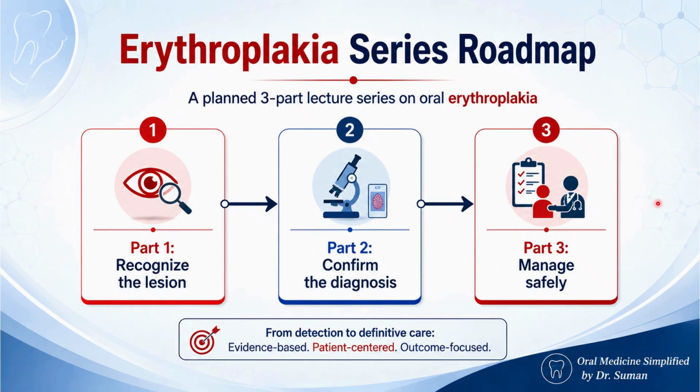In part 3, we manage safely. That part will cover management according to histology, patient counseling, habit cessation, recurrence risk, and long-term follow-up. So, this series follows a clinical pathway: recognize the lesion, confirm the diagnosis, and manage the patient safely.